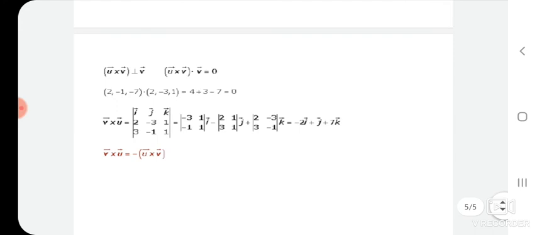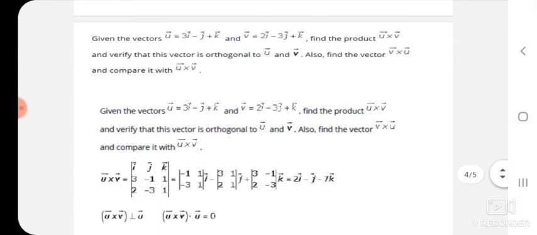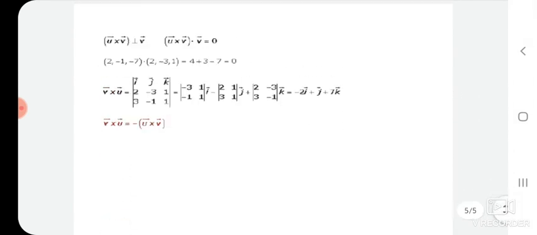If we find v cross u, it is the determinant of i j k, 2 minus 3 1, 3 minus 1 1, which is equal to i times the determinant of minus 3 1, minus 1 1, minus j times 2 1, 3 1, plus k times 2 minus 3, 3 minus 1, which is equal to minus 3 into 1, minus 3 plus 1, it gives minus 2i plus j plus 7k.